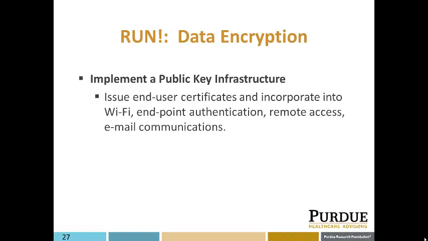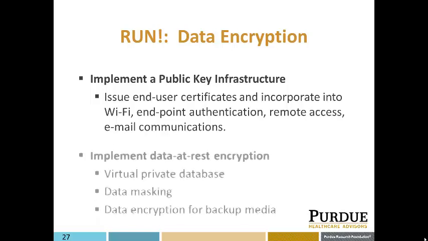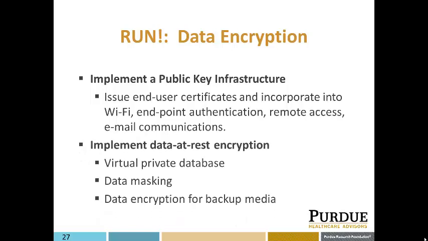In order to access certain components of the network, maybe you have to have your smart card. Remote access, email communications, anything where you're signing documents, having a robust public key infrastructure is key to getting your organization to the next tier of HIPAA security.